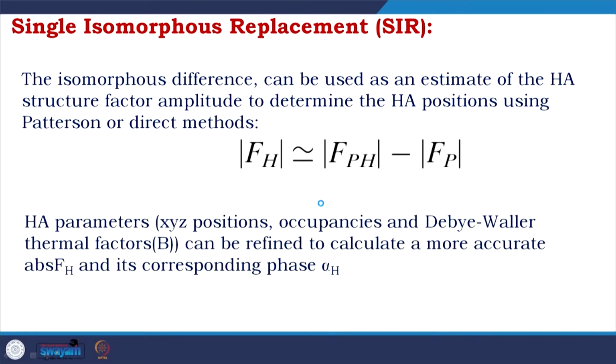Heavy atom parameters, its XYZ positions, occupancies, and Debye-Waller thermal factor, which is the B factor, which we will discuss in the next class, can be refined to calculate a more accurate absolute FH, the heavy atom structure factor, and its corresponding phase, which is alpha H.